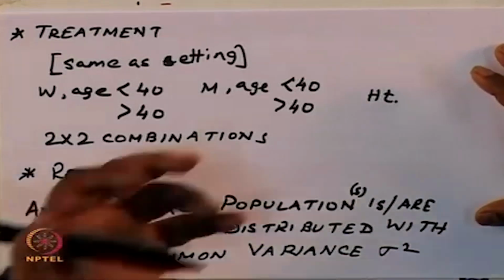So, each population is normally distributed and the variance is the same for each population, while the means may or may not be equal to each other. Let me give an example of how that might be.